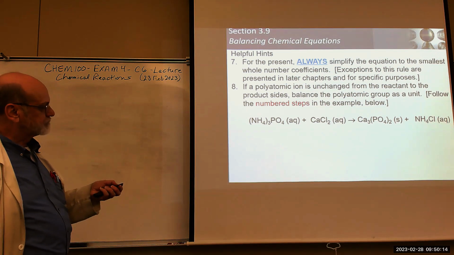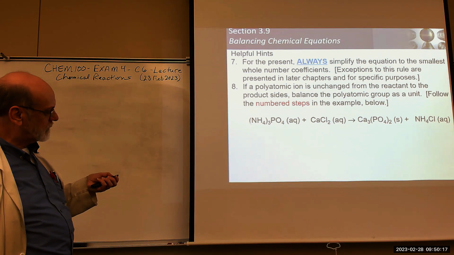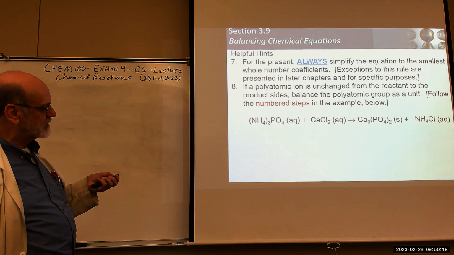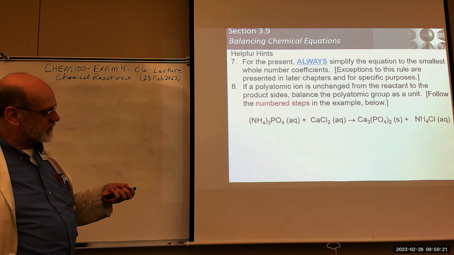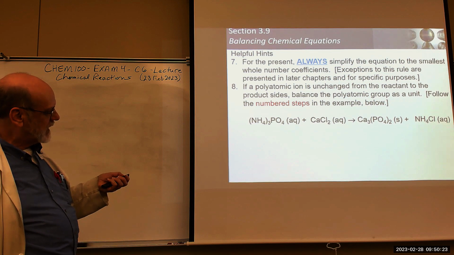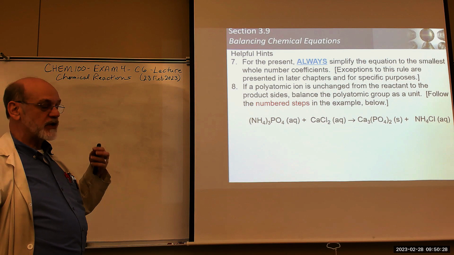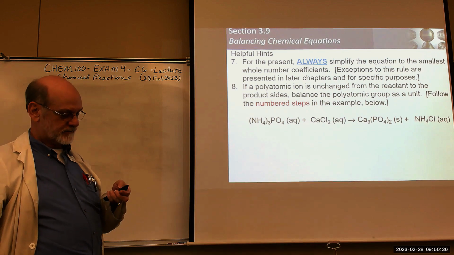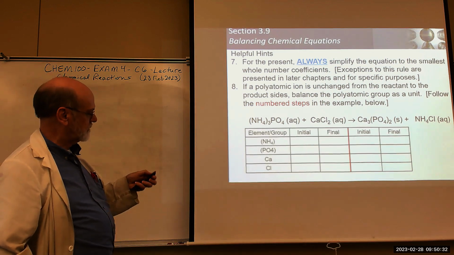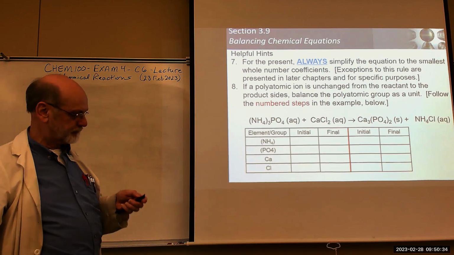Okay, notice this ammonium is intact on the product side also. And this phosphate has not changed on the product side. So we can use those as balancing units. And I've set up a table here, so I don't have to draw the whole thing out.